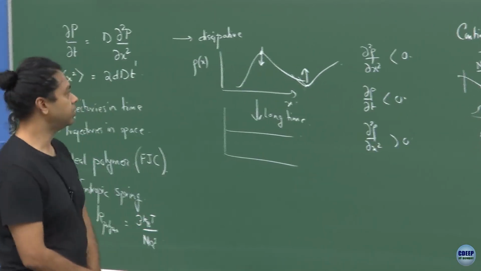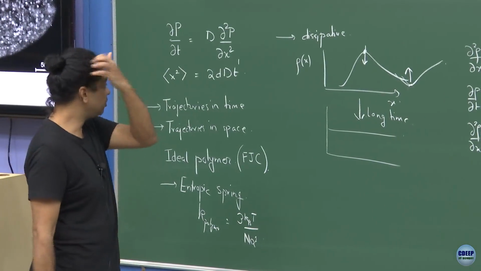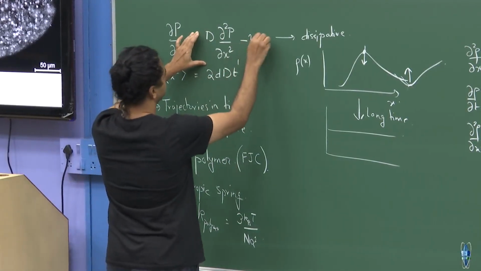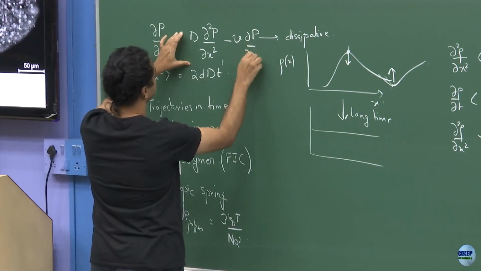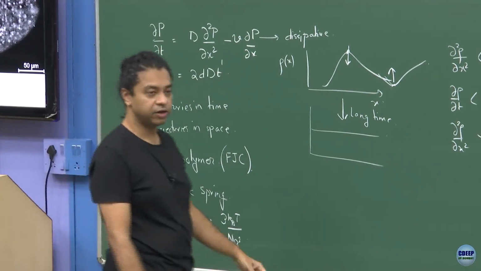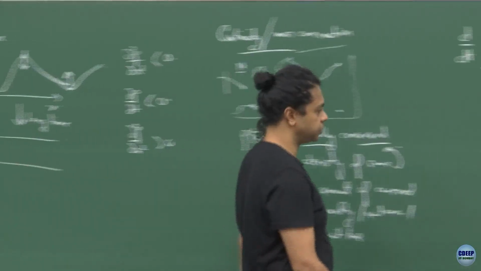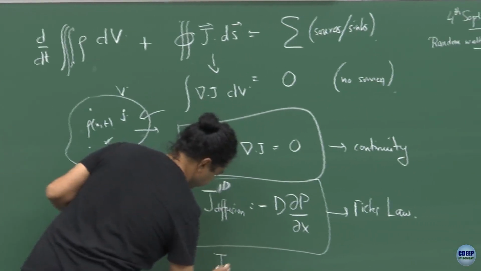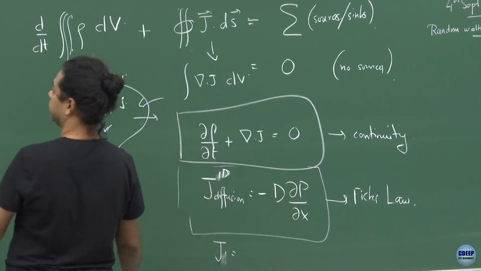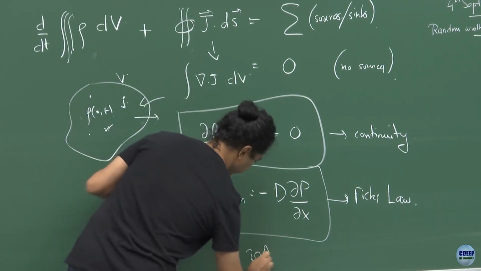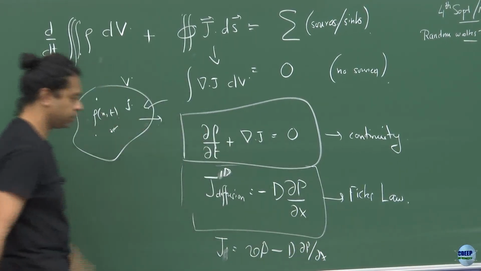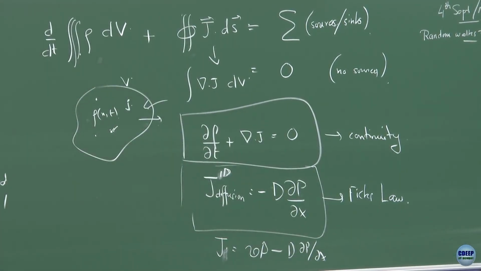For example, in the drift diffusion equation, if p was not equal to q, you had some sort of velocity term, and then your drift diffusion current J would be V times rho minus D del rho del x, in the case of drift plus diffusion.